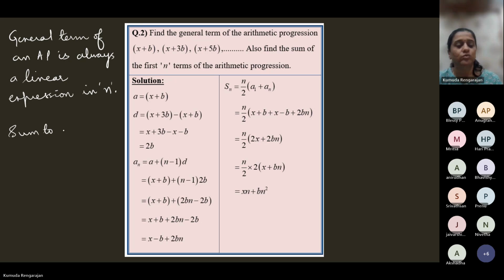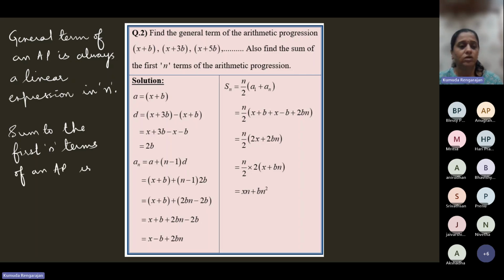The sum of the first n terms of an AP is always a quadratic expression in n.